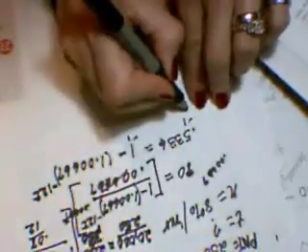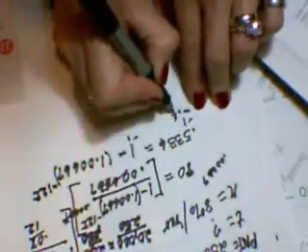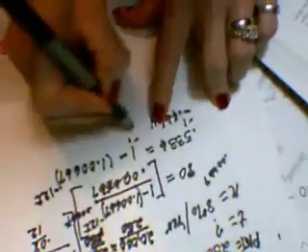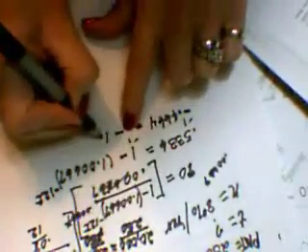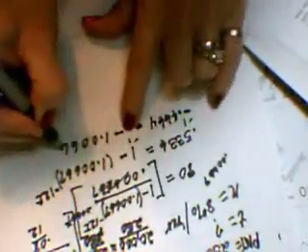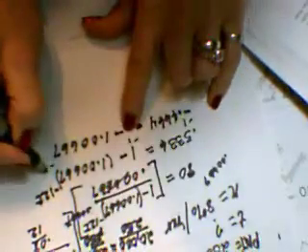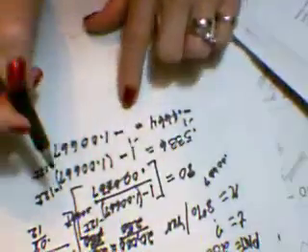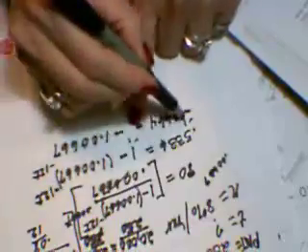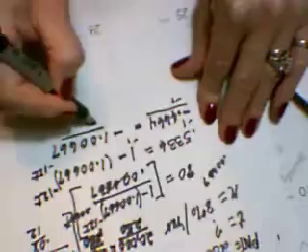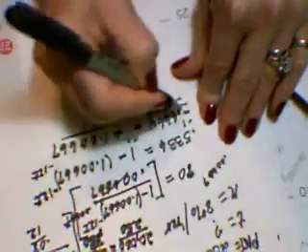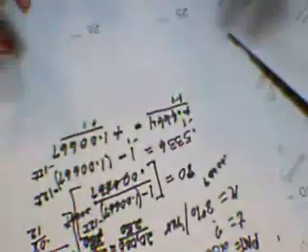And that gives me a negative 0.4664 is equal to a negative 1.00667 raised to the negative 12t power. Now I'm going to divide both sides by negative 1, and that makes them both positive again.